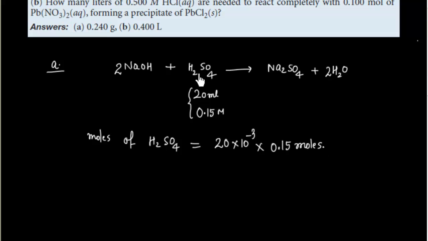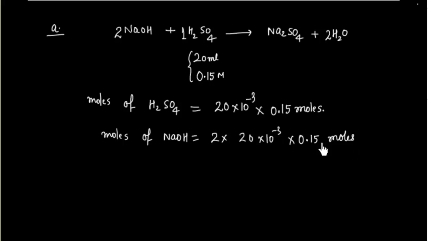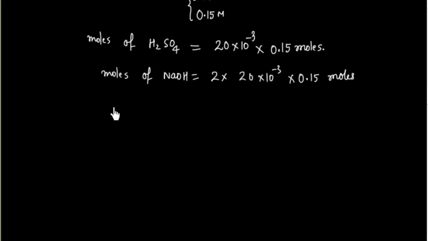Now from the equation we can say 1 mole of H2SO4 reacts with 2 moles of NaOH. So the moles of NaOH is twice the moles of H2SO4, that is 2 into 20 into 10 to the power minus 3 into 0.15 moles. We have to calculate the weight of NaOH, which is moles times molecular weight.